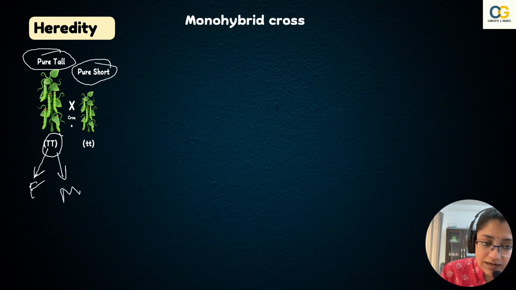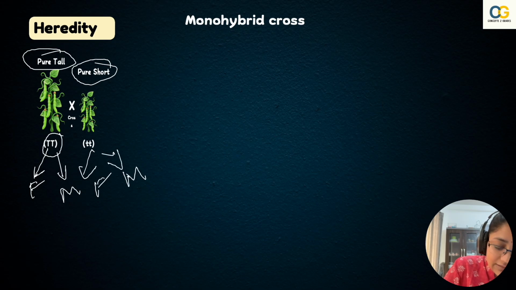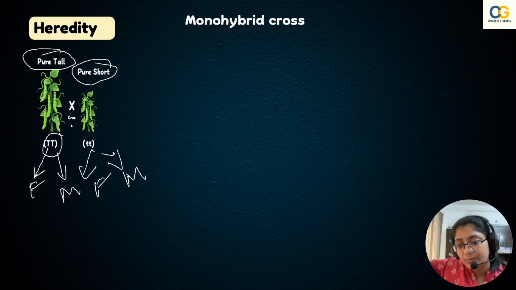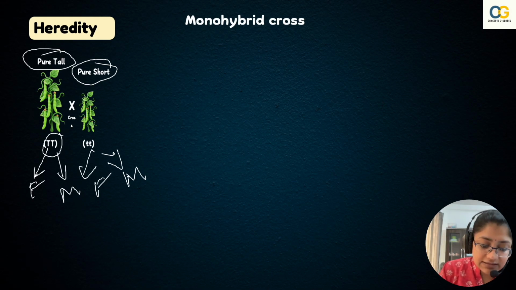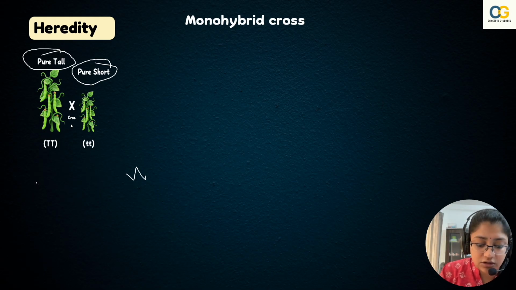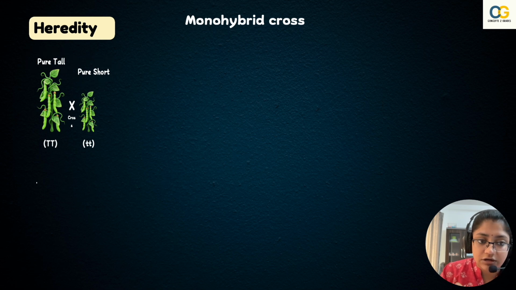That is why it has 2 capital T's. Pure short plant. Again, the 2 parents of this plant were also short. That is why it is short. So both the parents are tall, both the parents are short, so that's what we mean by pure tall or pure short, or in genetic terms, homogeneous tall or homogeneous short plant.